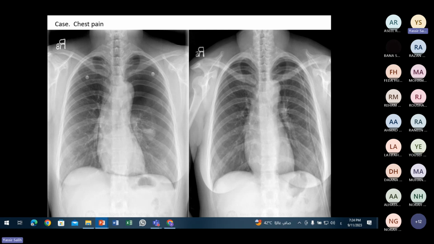The cardiophrenic line is present. The diaphragm should be seen from the costophrenic angle to the other costophrenic angle, except if there is any exception.